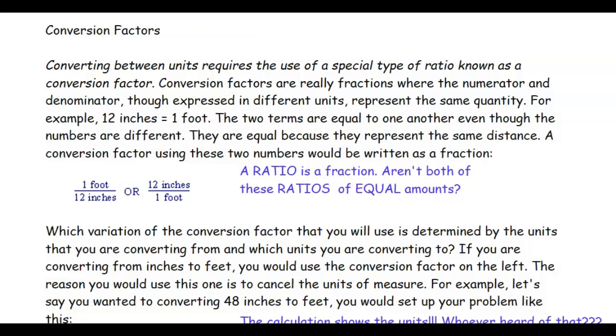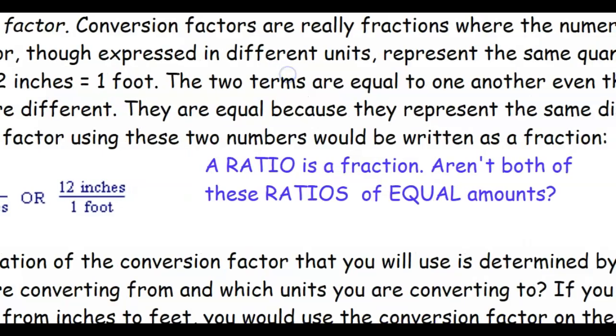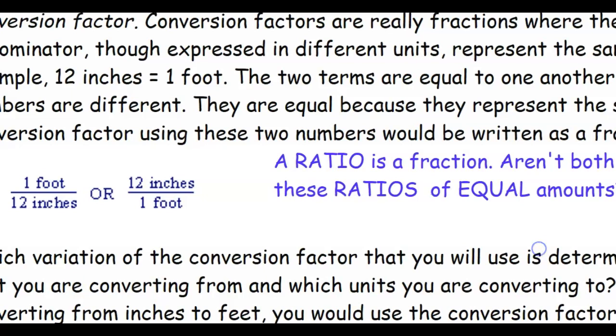So here is the way we would look at them. 1 foot over 12 inches. They are the same quantity, correct? Or we could write that conversion factor flipped as 12 inches over 1 foot.